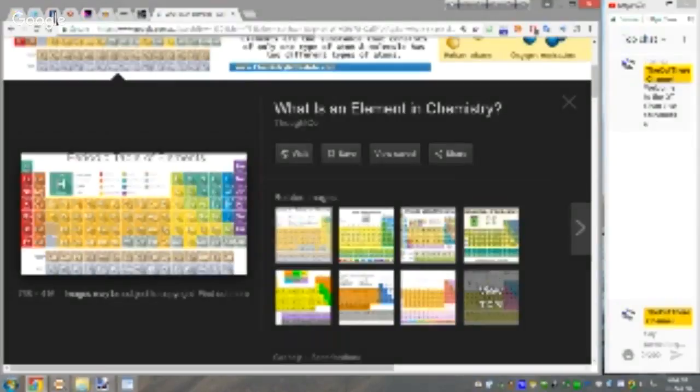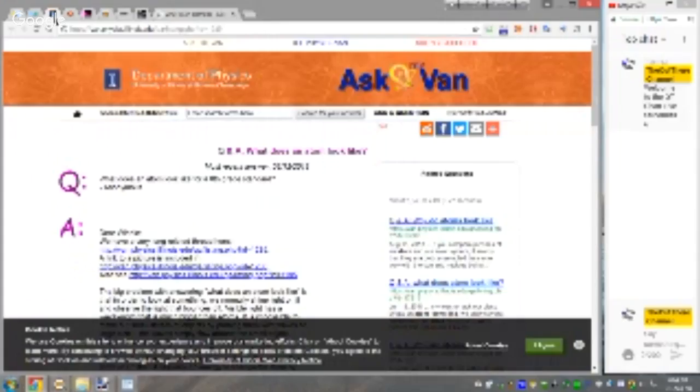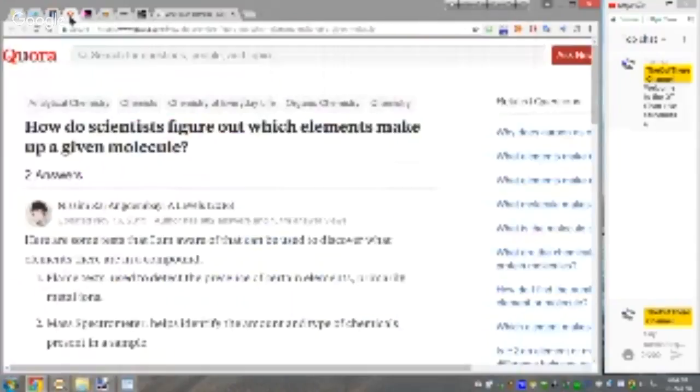So we go back to how they figure out what elements make up a given molecule.